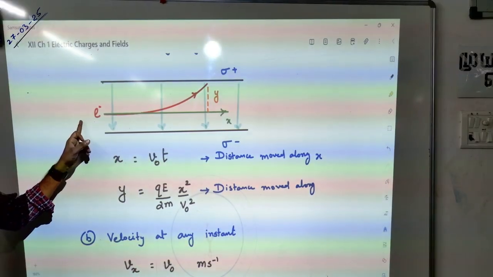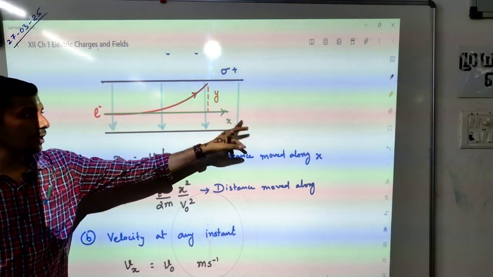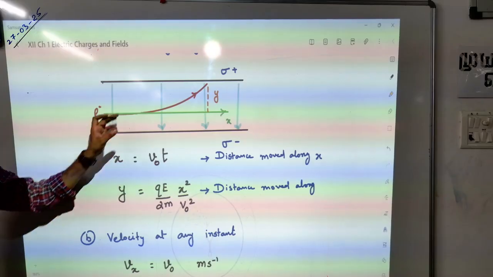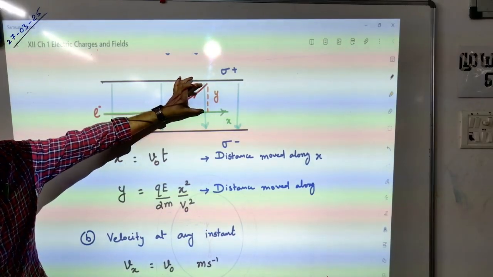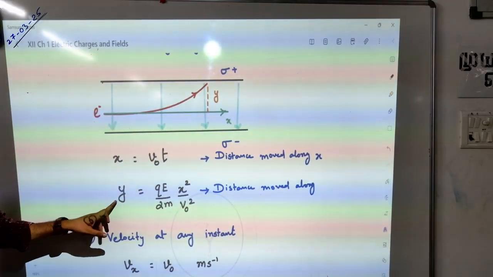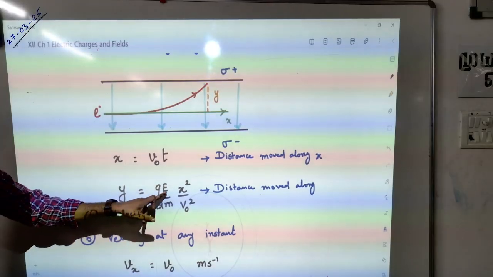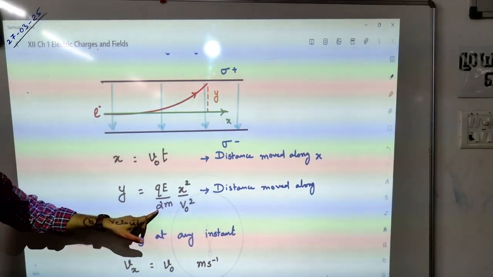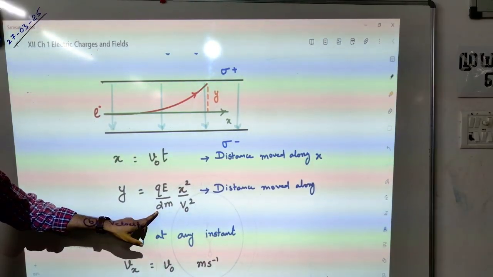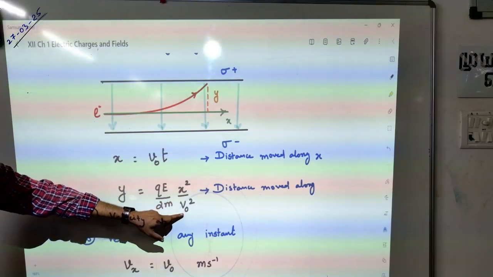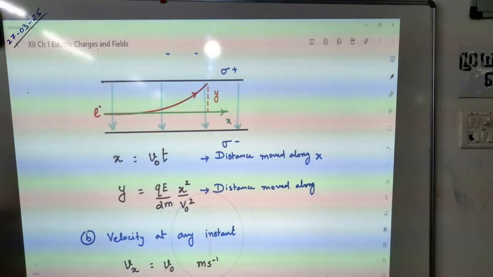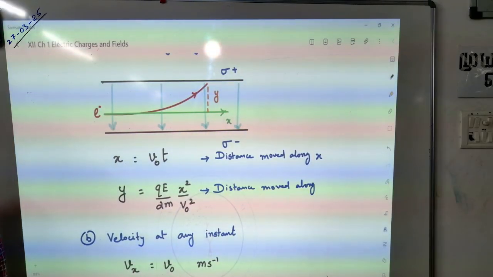That is, displacement along the x-axis is given by this formula. See, vertically it has gone some distance, deviation is taken. This y distance is given by this formula, sir. Q into E divided by 2m, into x squared divided by v naught squared.